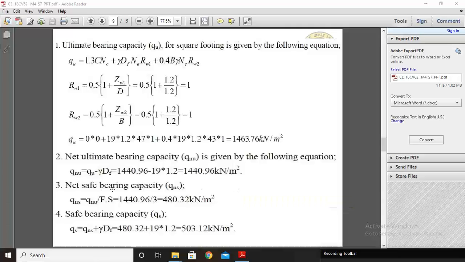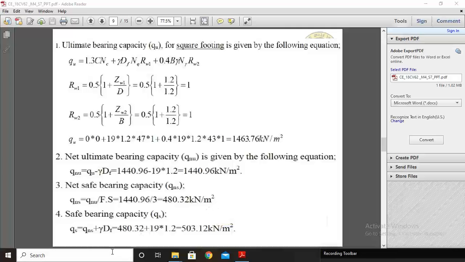Next, net safe bearing capacity is given by net ultimate bearing capacity divided by factor of safety. Here net ultimate bearing capacity is 1440.96 divided by factor of safety 3. So the answer is 480.32 kilonewton per meter square. This is the net safe bearing capacity.